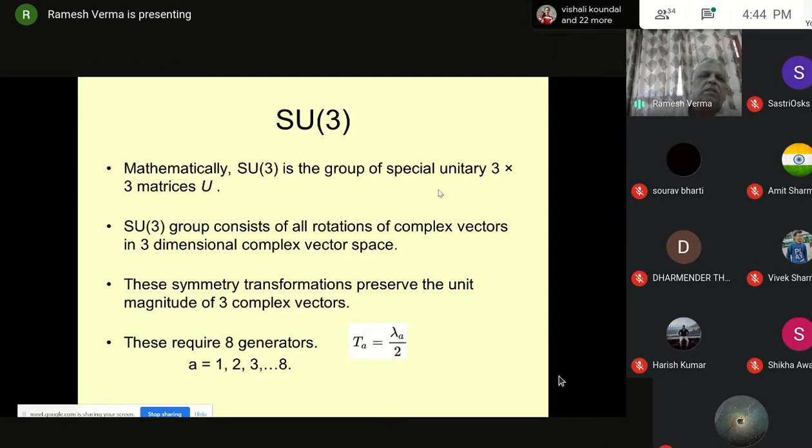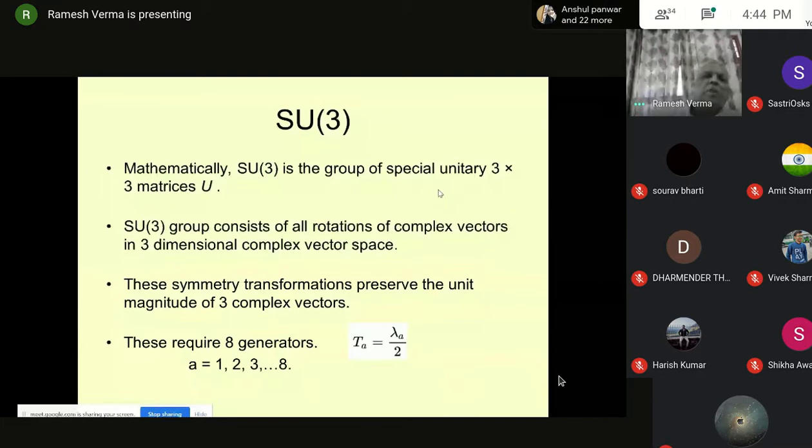As simple as that. These rotations, more technically SU(3) symmetry transformations, preserve the length of the three-component complex vector.